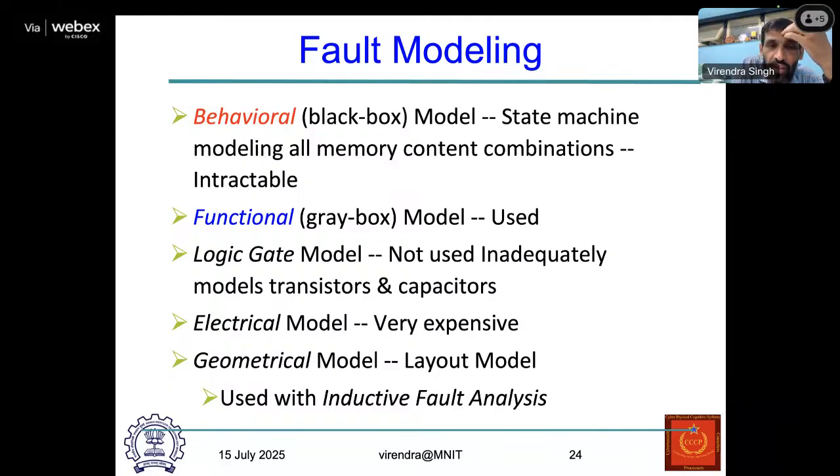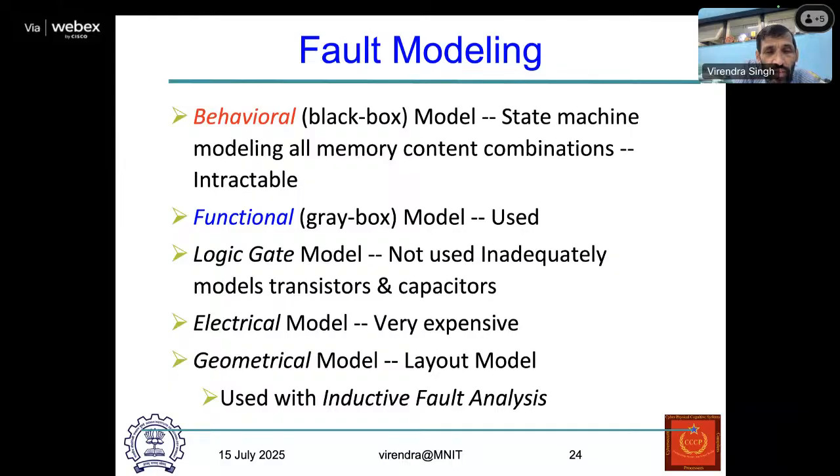But then, if I develop a state machine for all the cells that we can have, that would be humongous, and would become intractable. So there is the functional fault model that we can use. The functional fault model means we can use simply the high level functionality of the circuit, wherein you can say that the cells can store 0, can store 1, or can change from 0 to 1 or 1 to 0.